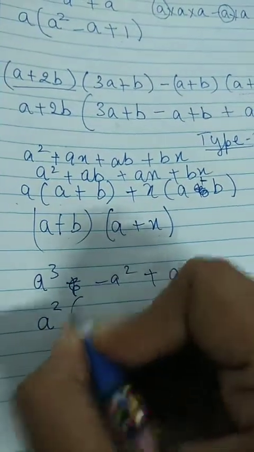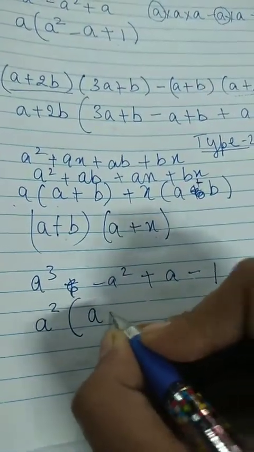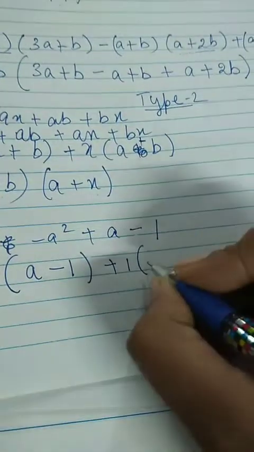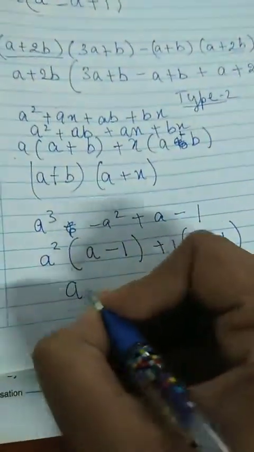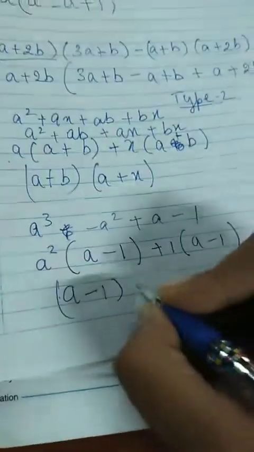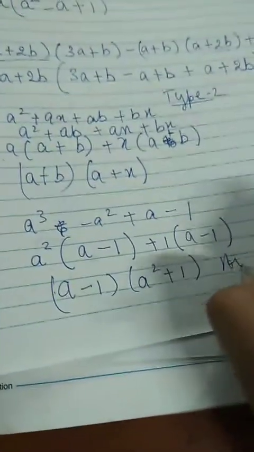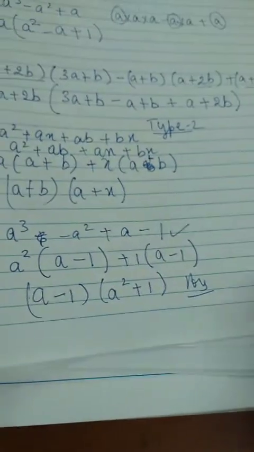A square will be common, so we get a minus 1 here, and for the last two terms, when nothing else is common, 1 is taken common, so we again get a minus 1. In the whole expression a minus 1 is common again, and a square plus 1 is left, which gives the required factors of the expression given in the question.